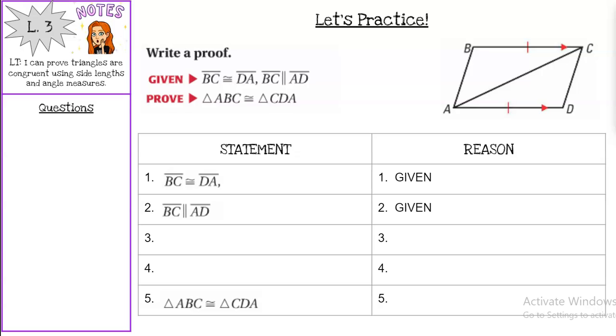If we're doing side-angle-side, we have a side. This is one of our sides that is congruent to each other. Angle, well, this isn't an angle, it's parallel. So number 3 will be our angle and number 4 will be our side. Then we can say that these are congruent by the side-angle-side congruence postulate.